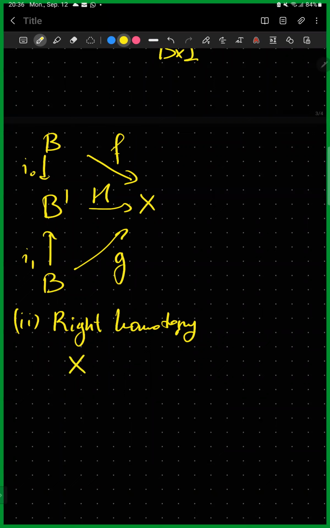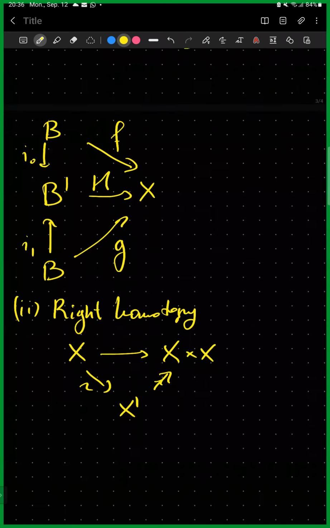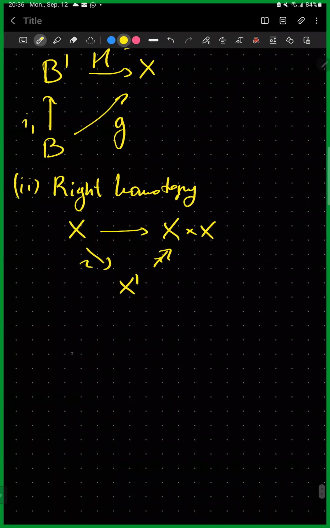So we have an object X, we have a map from X to X times X, and we require the path object to be something that fibrates over X times X and is weakly equivalent to X. So here we also could require this to be a trivial cofibration, but not necessarily. And the diagram for right homotopy is dual.